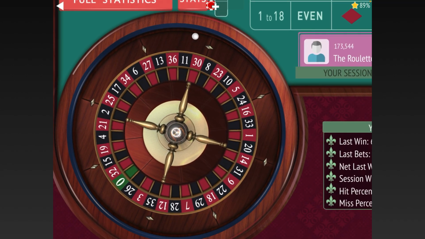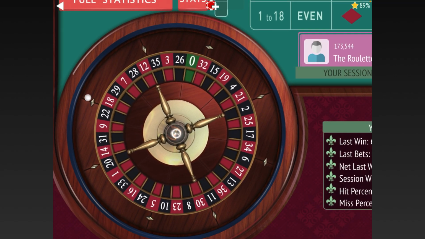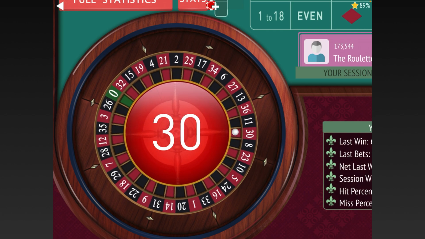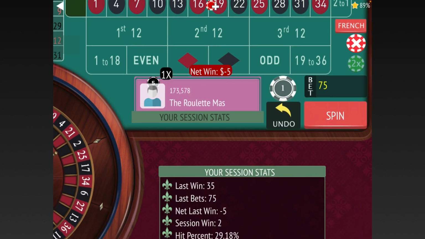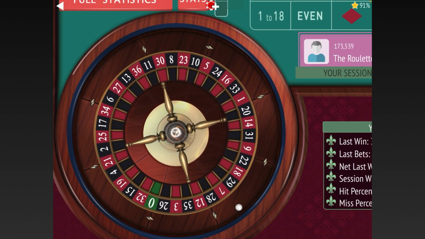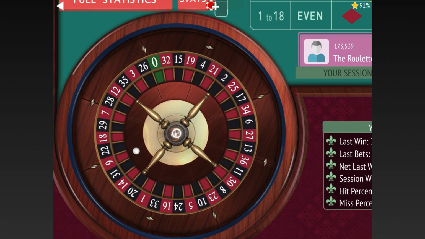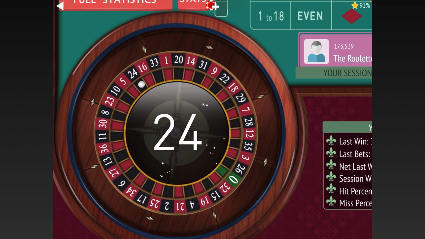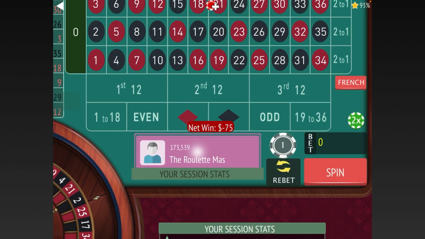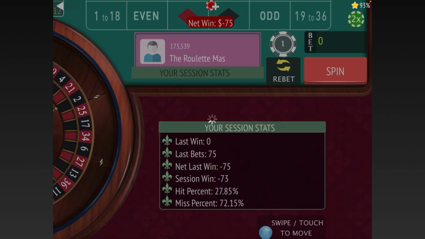So rebet. $30 red. Another small $5 loss. So let's rebet. $24 black. Okay, so that's a total loss.